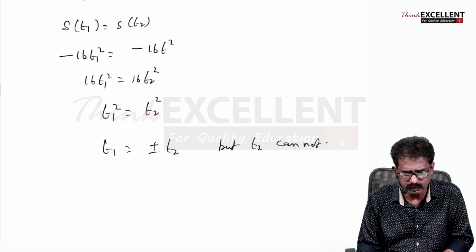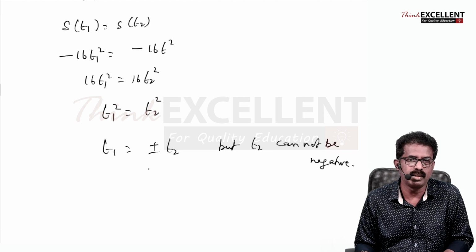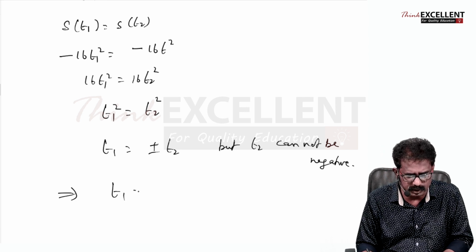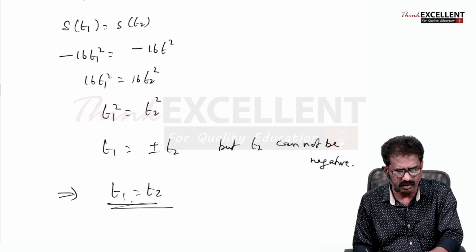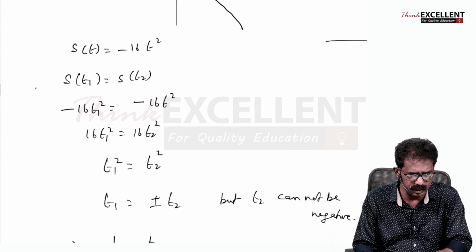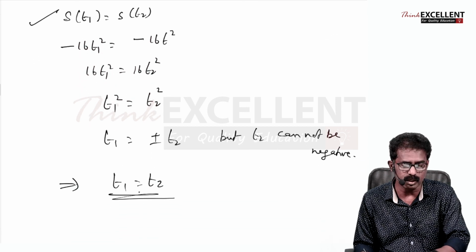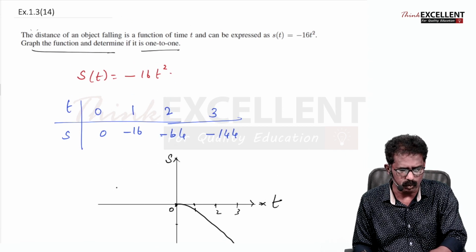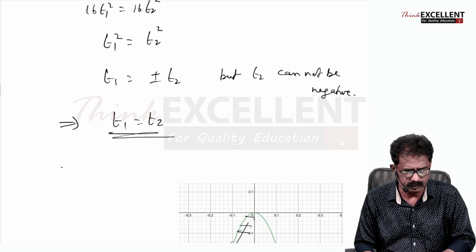Why? Because t1, t2, everything is time, and time cannot be negative. So the only possibility is t1 equal to t2. So S of t1 equal to S of t2 implies t1 equal to t2. Therefore, you can say the function is one-one.